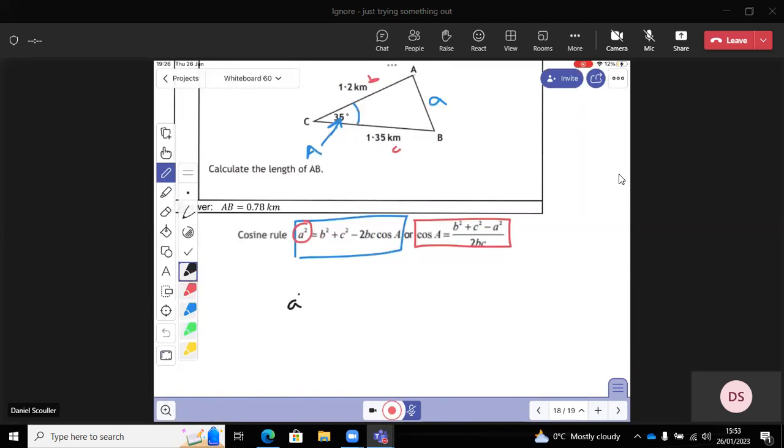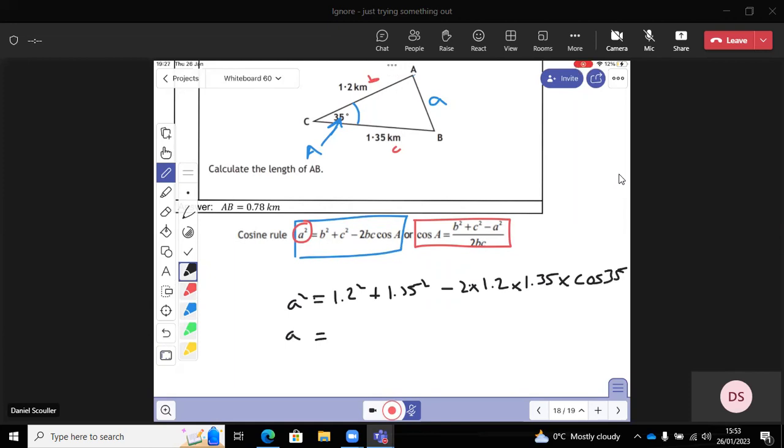So A squared equals B squared, which is 1.2 squared, plus 1.35 squared, minus 2 times 1.2 times 1.35 times cos of 35.